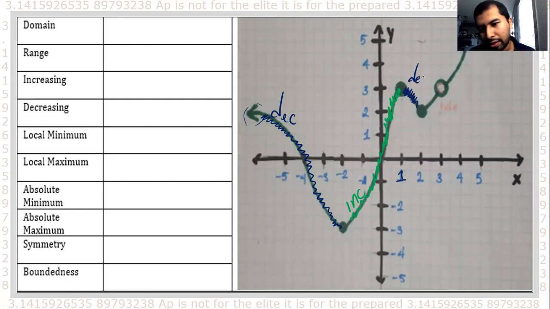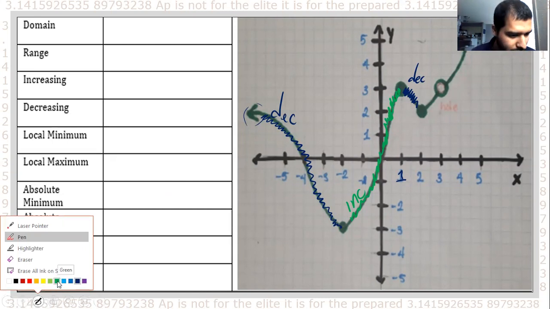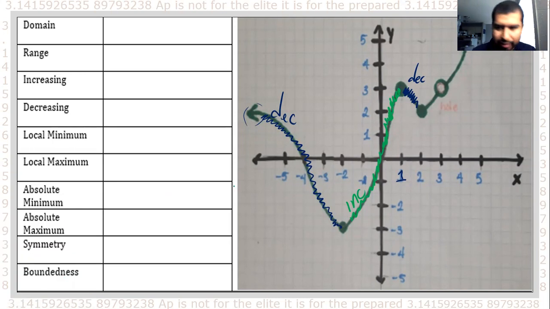Then it decreases, and for funsies, I put a hole in there just to see where you guys were at. At x equals 2, I have a little min, and then I start increasing as well.